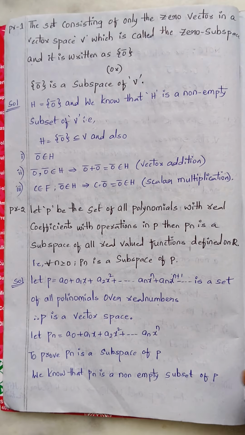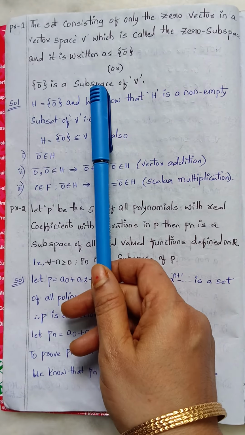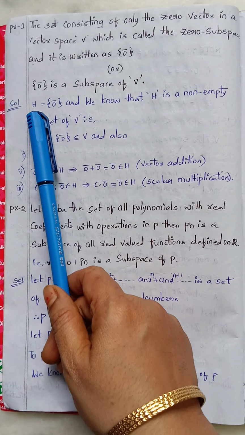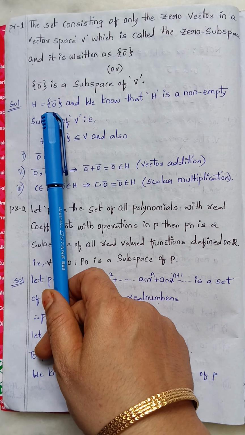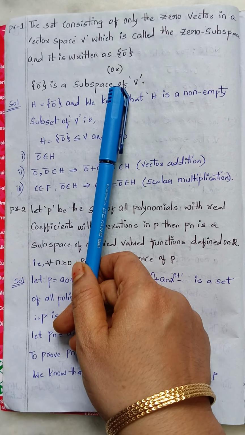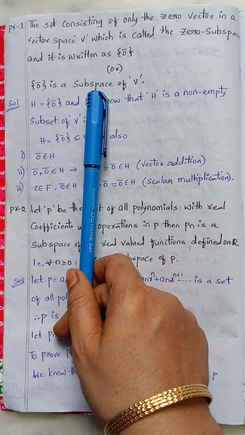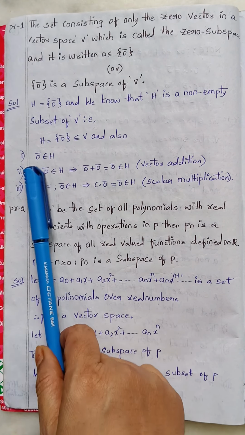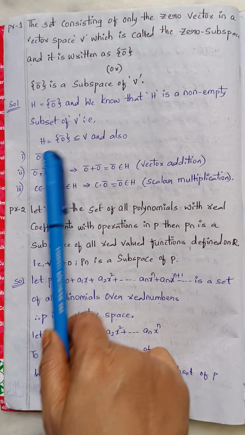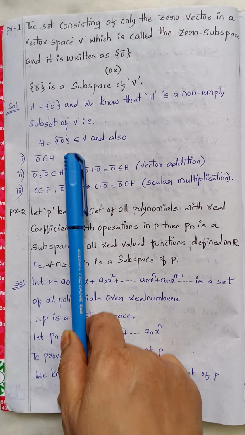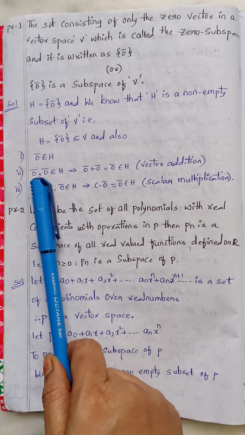Now let us discuss some problems. Show that 0 bar is a subspace of V. Let us take the subspace as 0 bar. Then we need to prove it is a subspace. Previously we discussed that we need to satisfy 3 conditions. One is that 0 bar belongs to H. Obviously 0 bar is in H, so the first condition is satisfied. For vector addition, take two elements.